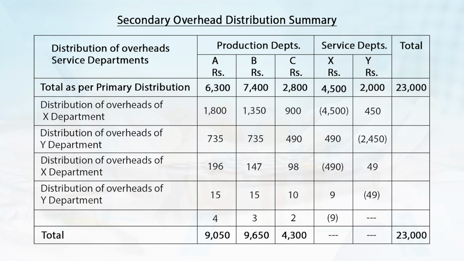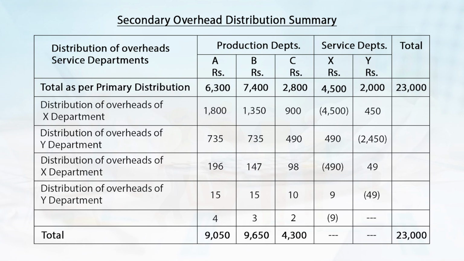Now, let's distribute the overhead of Y service department, which is now rupees 2,450. Allocation comes to production department A as rupees 735, for department B 735, for production department C rupees 490 and for service department X rupees 490. This reopens the account of service department X.